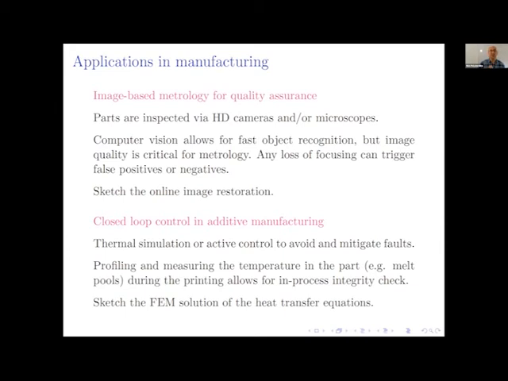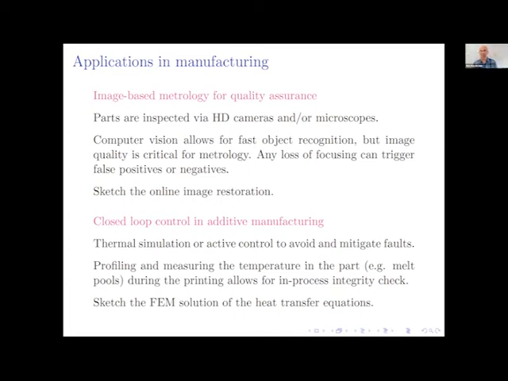Okay, the two manufacturing applications, very briefly, that I am involved with. The first one is image-based metrology for quality assurance. This has been a problem that was suggested by a company in the semiconductor manufacturing business. They manufacture silicon wafers, which go under high definition microscopes, and then they inspect them to see if they have the right dimensions. So obviously you get these huge high resolution images.